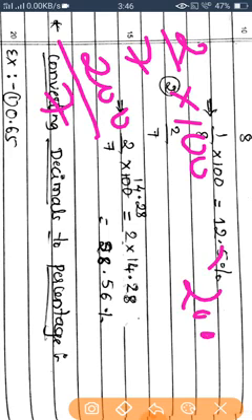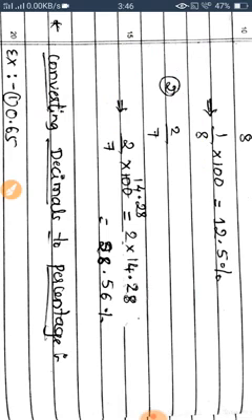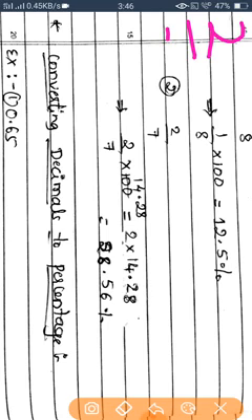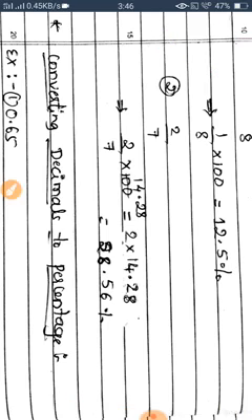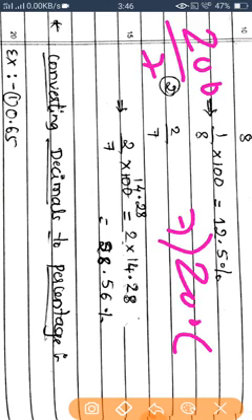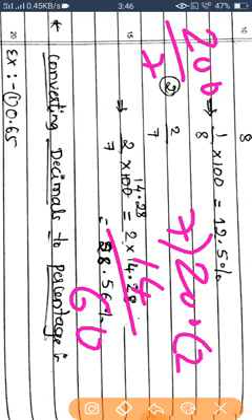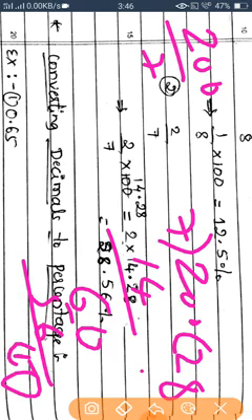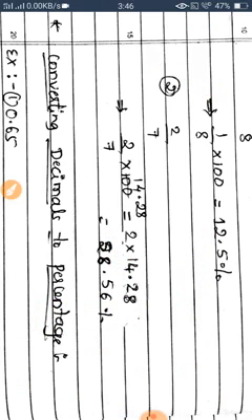So 200 divided by 7: 7 twos are 14, 60 remaining; 7 eights are 56, 4 remaining; it will not go, keep the decimal, 0 like that, and the same thing will come.